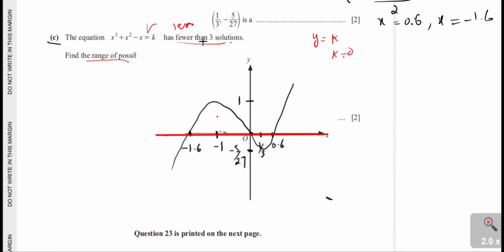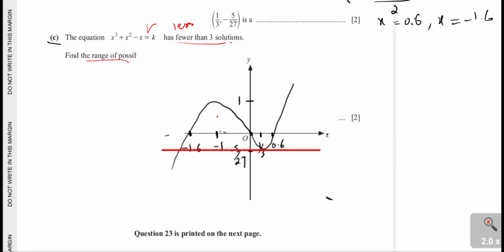To get an equation having less than 3 solutions, we will draw a straight line here. Now look here, when we draw this straight line passing through the point y equal to minus 5 over 27, this straight line intersects the graph at 2 points.